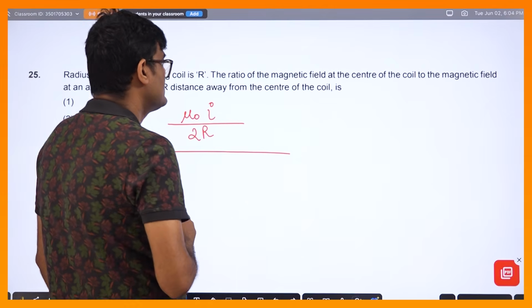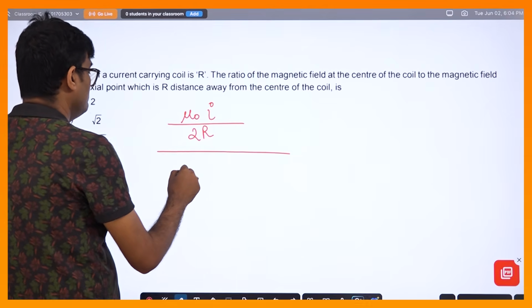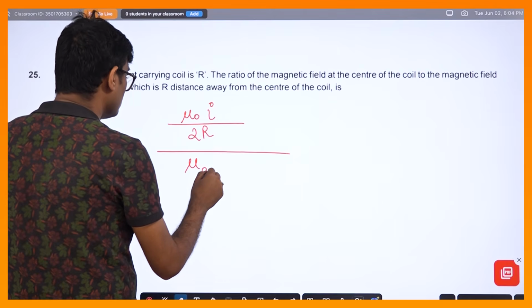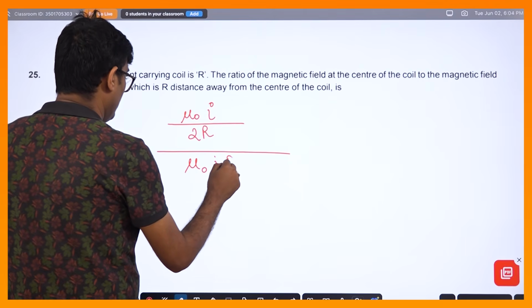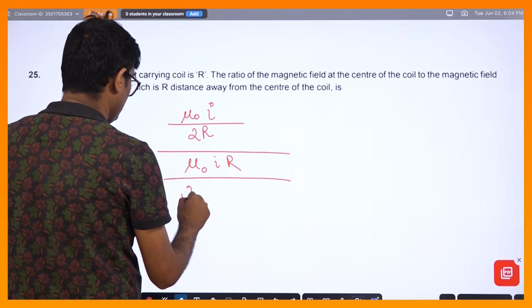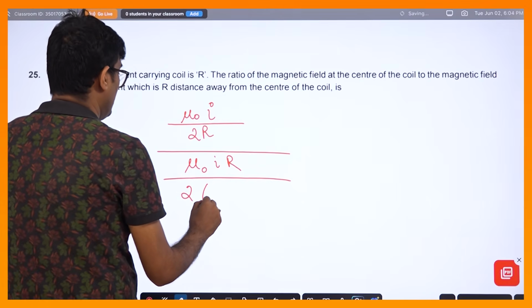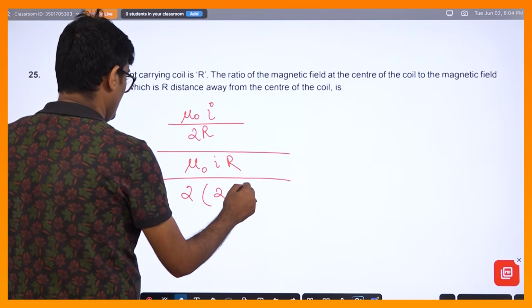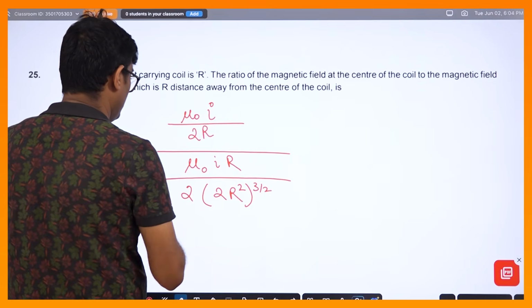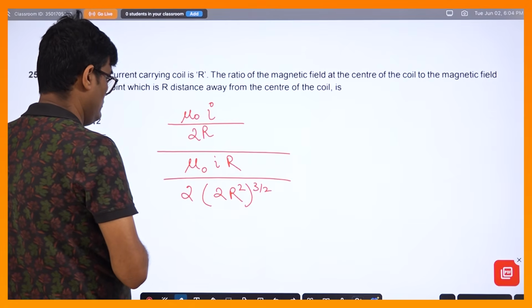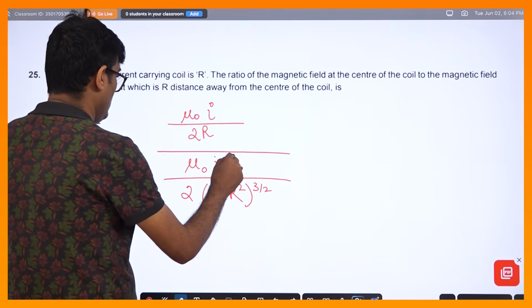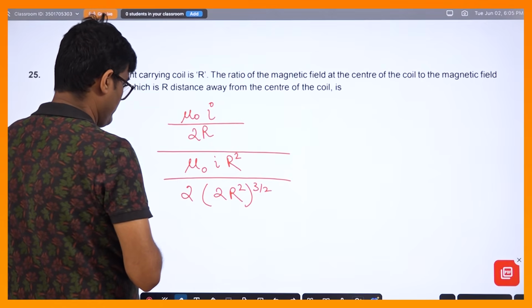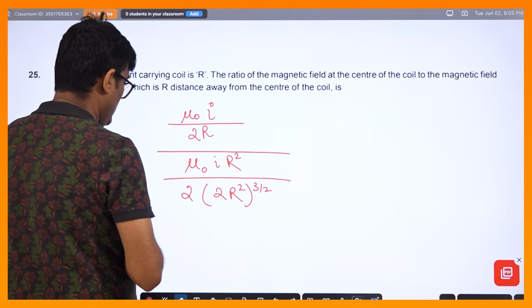And R distance away, it's mu naught I R square by 2 into R square plus X square, means 2R square power 3 by 2. I think this is the equation.